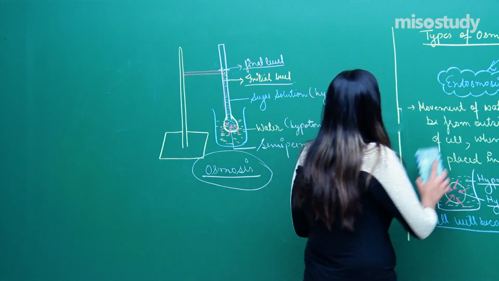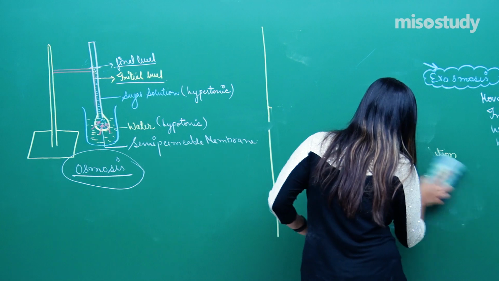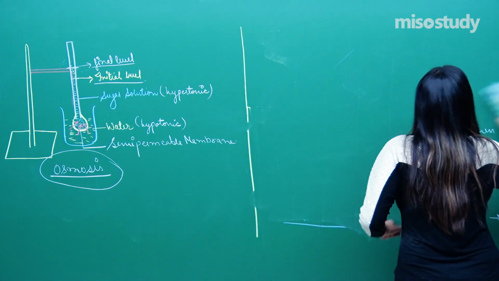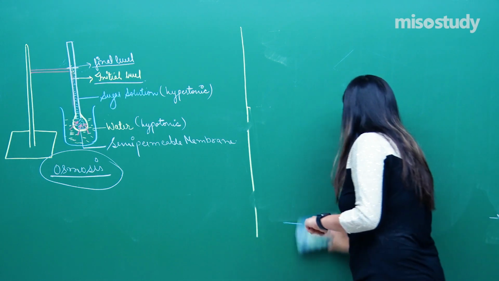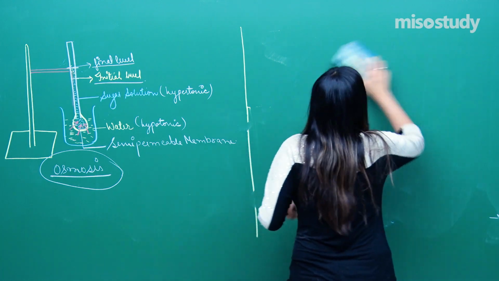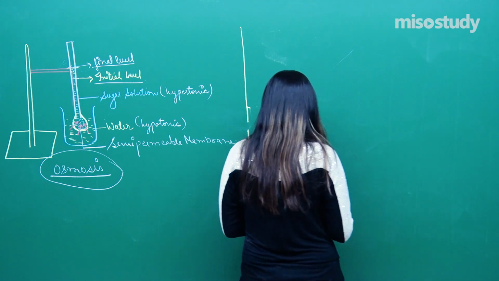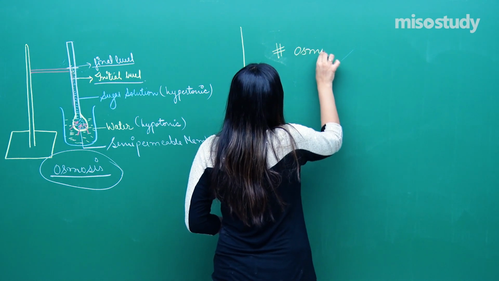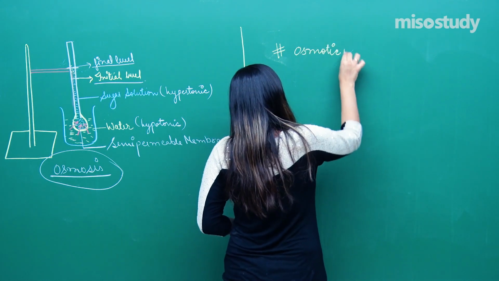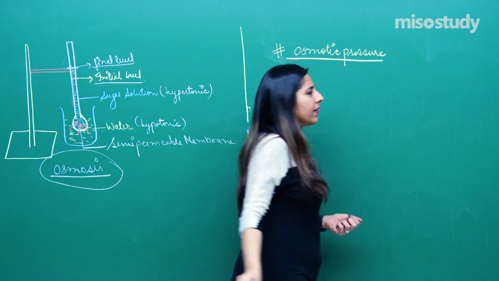Now, let's talk about the osmotic pressure. That is, what exactly is the pressure exerted by that solution due to which water passes through a semi-permeable membrane. Let's talk about that. Osmotic pressure. Now, again listen to this.